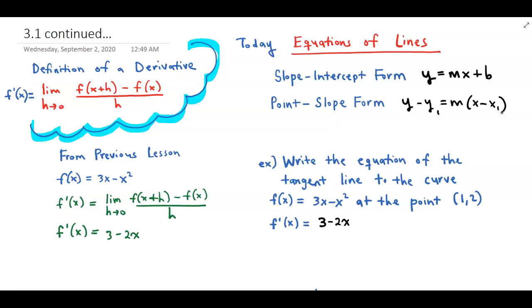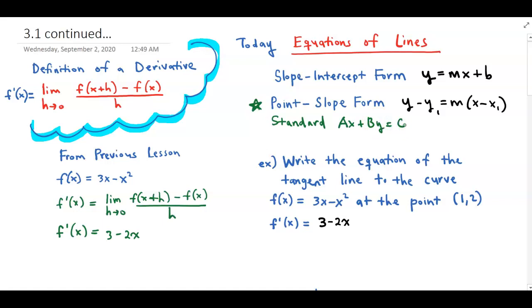For the calculus part, it's more common to see point-slope form, but on the AP exam, they could start off with point-slope form, they could put the answer as slope-intercept form, they could even put the answer as standard form, which is ax plus by equals c.